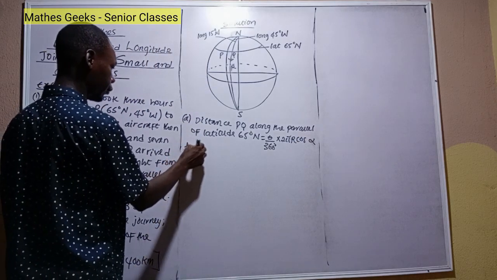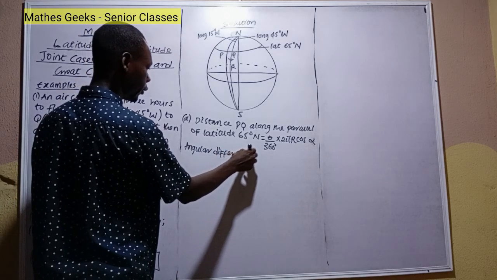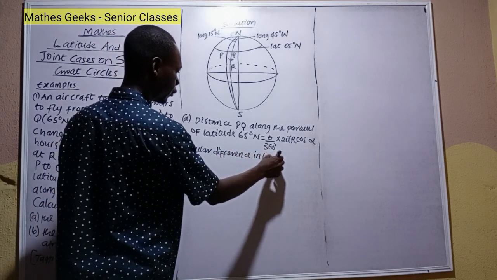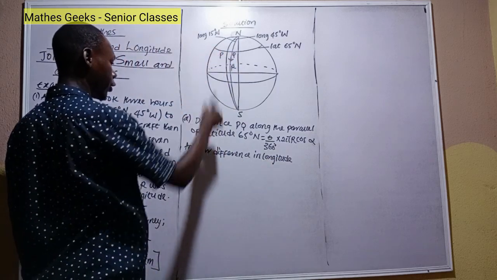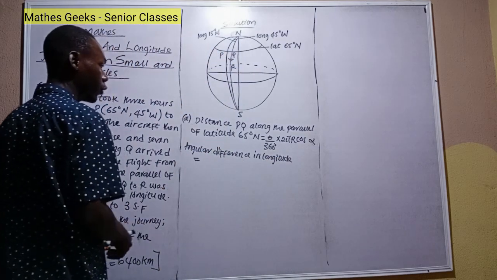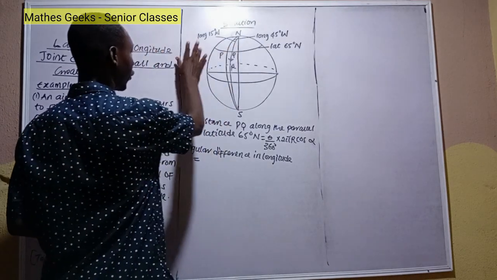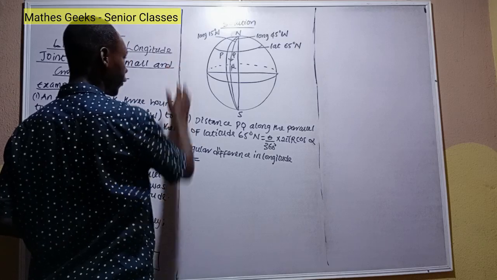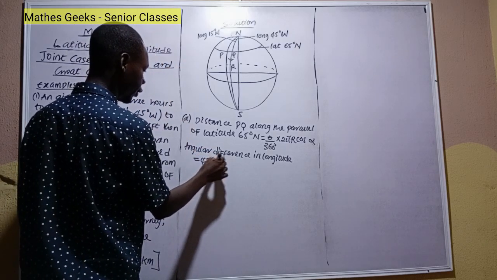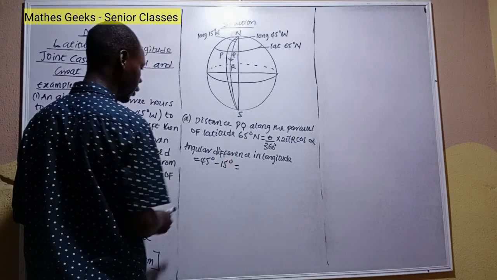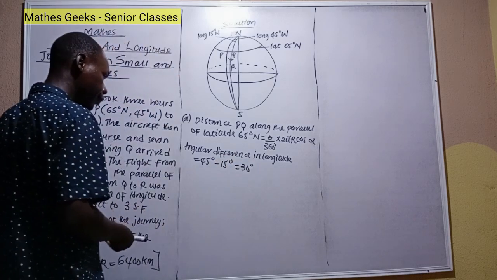Theta is the angular difference in longitude. Since both points are lying on the same parallel of latitude, the angular difference will be in magnitude 15 degrees and 45 degrees. Both points are on the same side of the globe, so we subtract 45 degrees minus 15 degrees. That will give us 30 degrees.